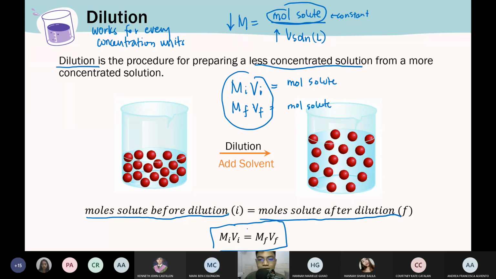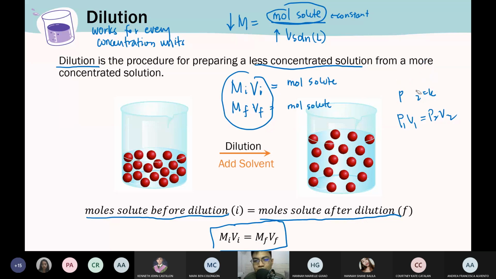Para siyang gas law. Diba remember yung gas law natin? PV equals K, P1V1 equals K, P2V2 equals K. Since K are the same, we get P1V1 equals P2V2. So ganun din sa molarity, for the dilution pala.